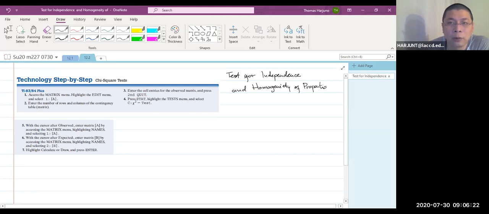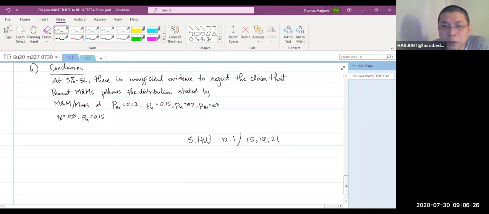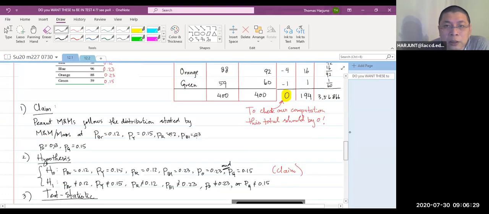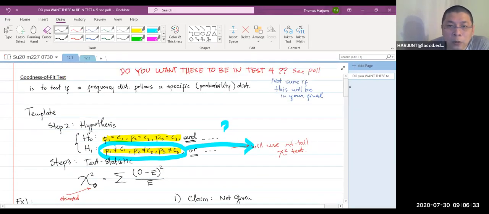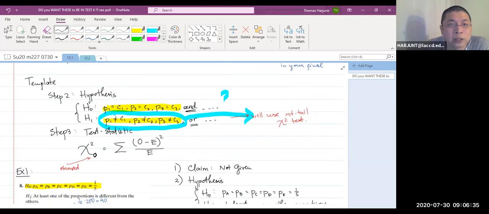Oh, by the way, I think I forgot to explain this chi-squared distribution. Why is it that when we are testing if the proportion is not equal to a prescribed proportion, a prescribed constant, it's supposed to be a two-tailed test if that were one or two proportions, right?